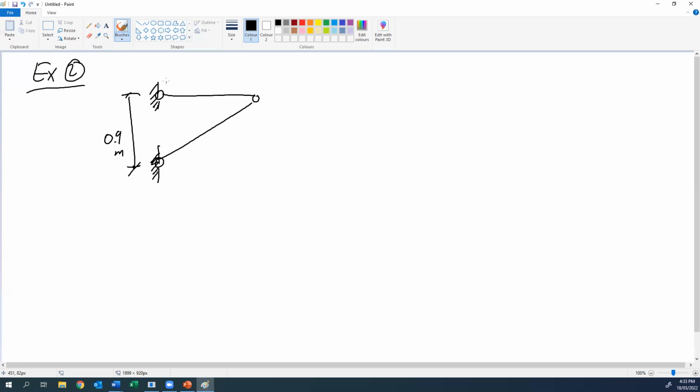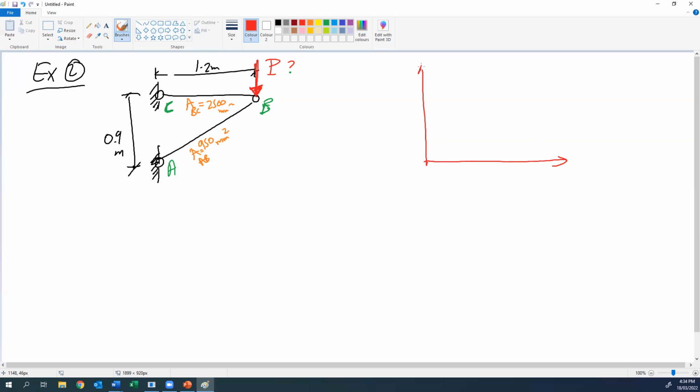So we have 0.9 meter and 1.2 meter, and we have an applied load here, which is unknown, B, and this node is called A, this one B, and this C. Given to us is the area of member AB, 950 square millimeters, and the area of member BC, 2500 square millimeters.